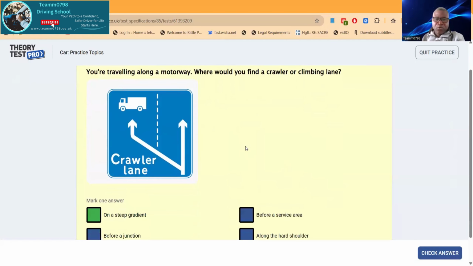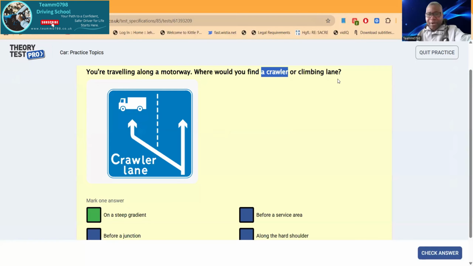Okay, so the clue is in the question. Where would you find a crawler lane? Normally it's called a crawler lane, but this one is a climbing lane. That's even another clue. A crawler lane is when they're coming up to a hill and certain vehicles like large goods vehicles will be going slower, so they need to use a crawler lane to leave the other lane for those who can go faster.